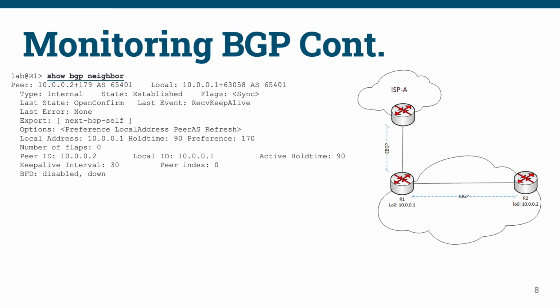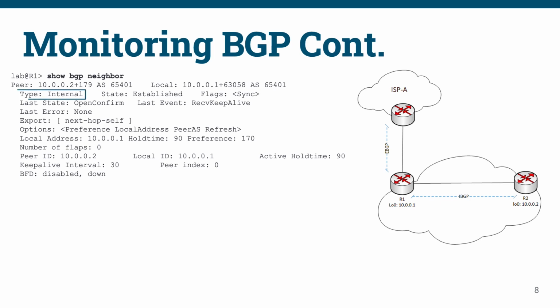Using the show BGP neighbor command, we can see the details of all configured neighbors. We can append the peer IP address of a particular neighbor to this command to see the operational details of a specific neighbor as well. This output includes a lot of information that can be helpful for validating the current operation of a BGP peer.